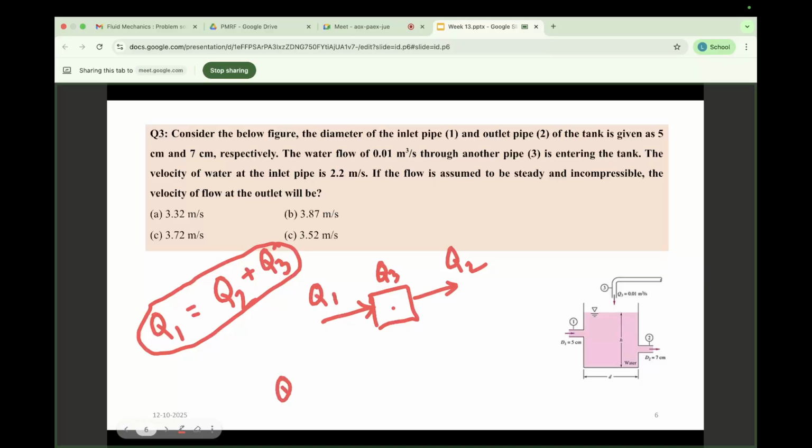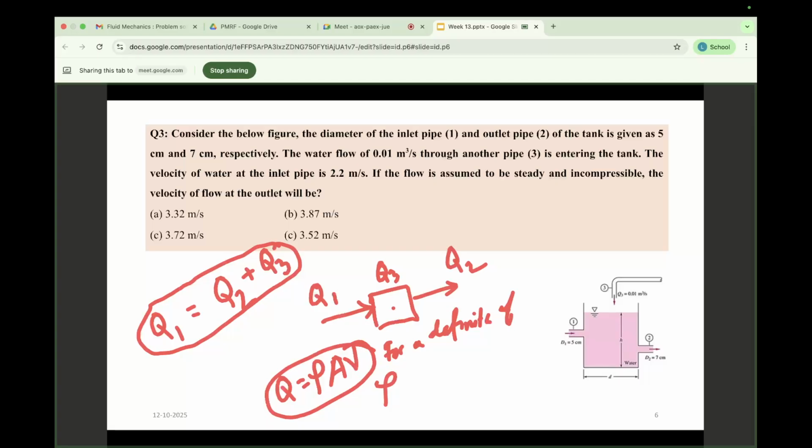What is Q? Q basically is rho A V. For water or any specific fluid, the density is the same. So for a definite fluid, where we know the fluid, I can write rho A1 V1 is rho A2 V2, plus rho A3 V3 for the flow moving out in that direction.